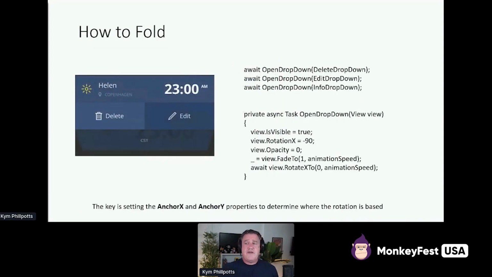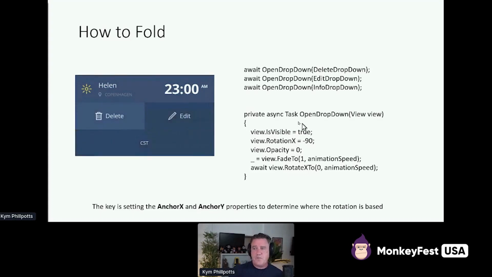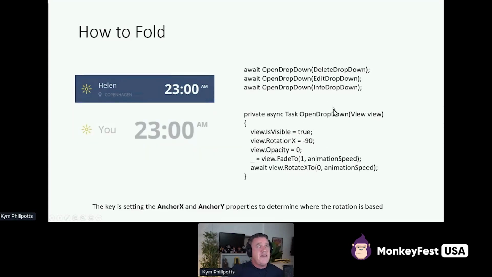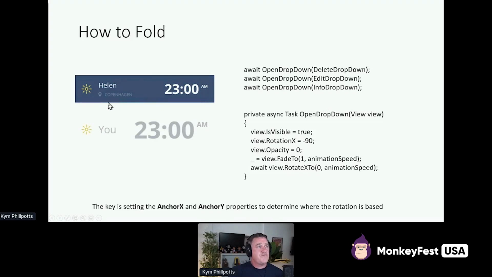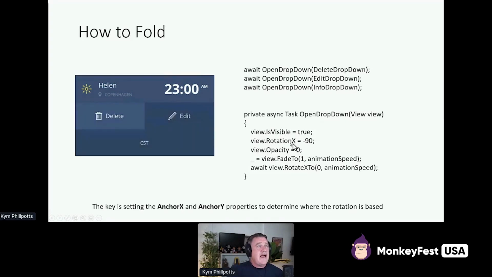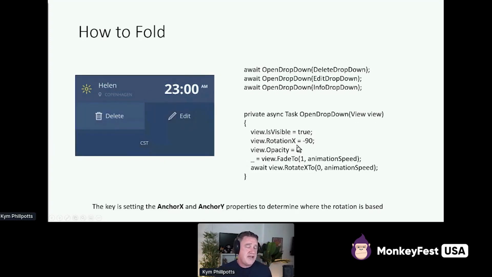All right, now there's another cool effect in here, which is where this dialogue sort of folds down effectively. All right, and if we have a look at the code for this, it's really quite simple, right? We've got open drop down for our delete, our edit, and our info. So these sort of pop down and they fade in. And it's really just saying, when I open the dropdown, make it visible, turn its rotation to -90.